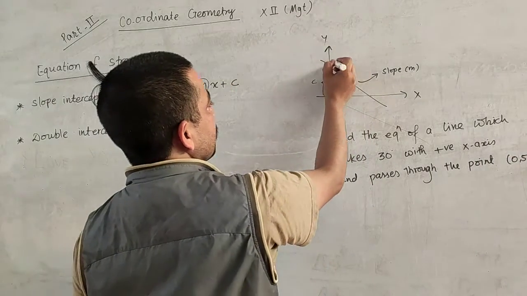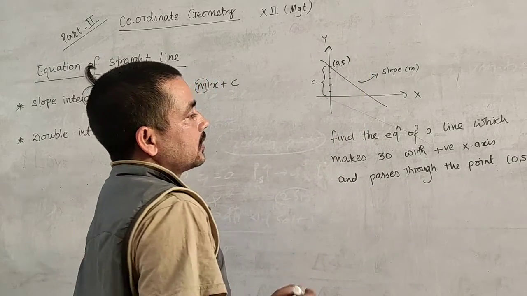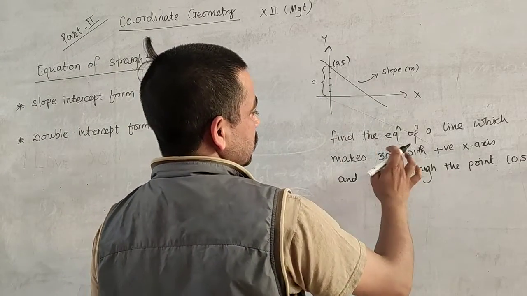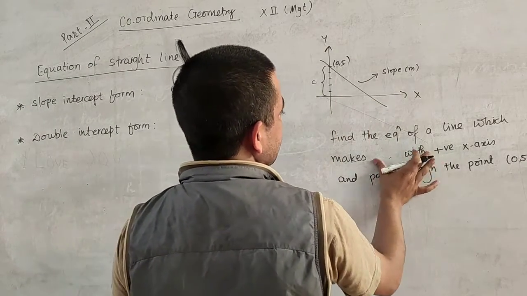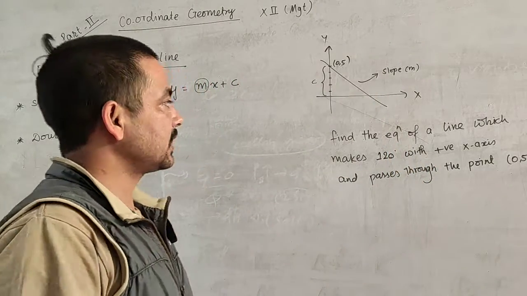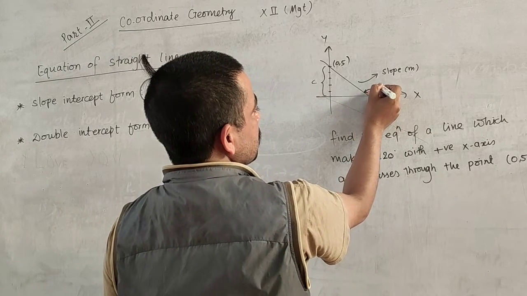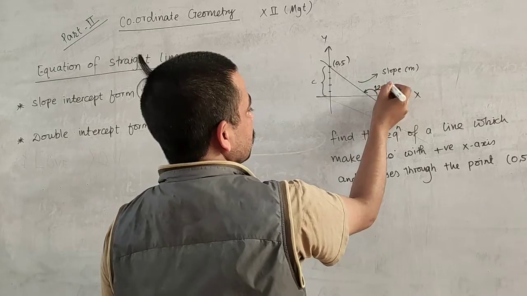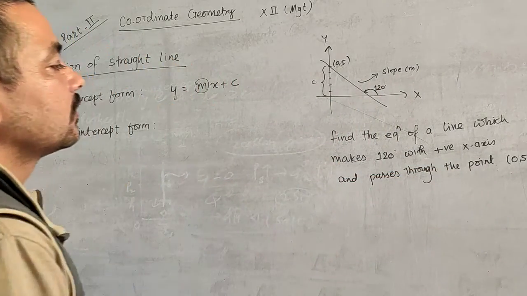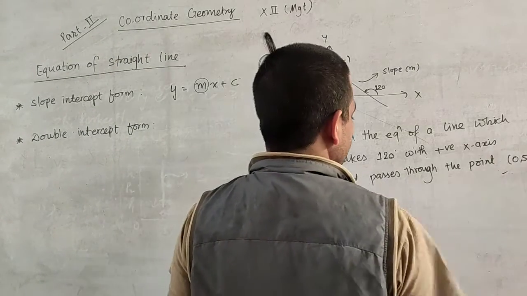So 0, 5 बाट जाने and with positive x-axis 30-degree angle, म 30 राख्दिने 120 भन्नु है. यो फिगरसँग म्याच गर्नको लागि positive x-axis सँग 120-degree एंगल बनाउने र 0, 5 बाट पास हुने त्यो लाइन को इक्वेसन निकाल्ने कसरी?